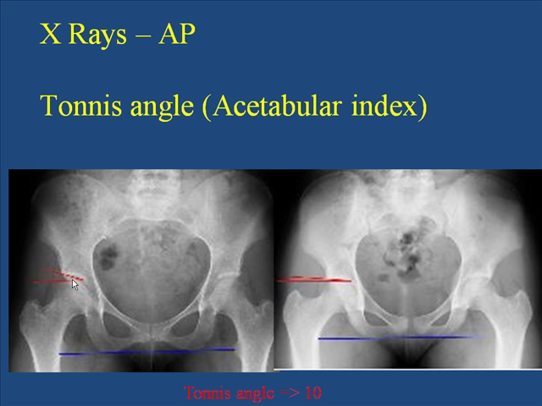So if the sourcil is horizontal, probably the cartilage will be in its optimal condition. But if this is vertical, more in that way, there's a lot of shear force going through the cartilage, and this can wear the cartilage quite quickly. So the Tonnis angle is normally less than 10 degrees.